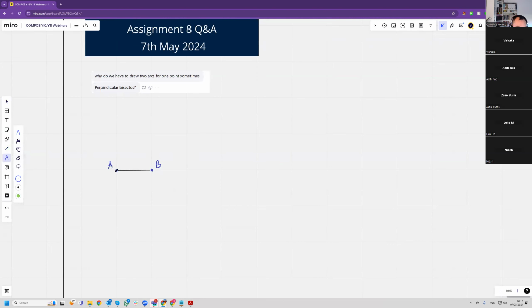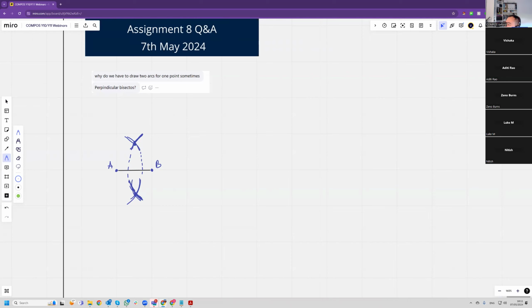And then you go to A and you draw an arc from A like this. And then you go to B, you draw an arc from B. This is not 2 separate arcs. This is just one arc, but you don't need to draw the whole thing. And the same thing here. You can draw it like this. It's just like for neatness, you do 2 arcs.